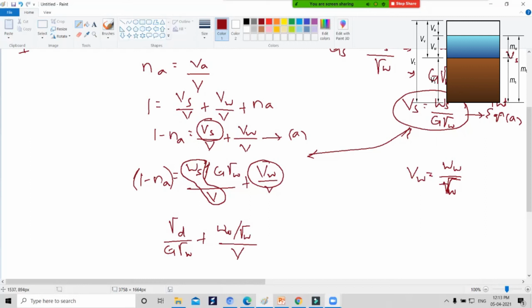Right? Now, how did we get this? The question will come, how did we get this? It came from w is equal to Ww divided by Ws. That is, weight of water is equal to weight of solids into water content.